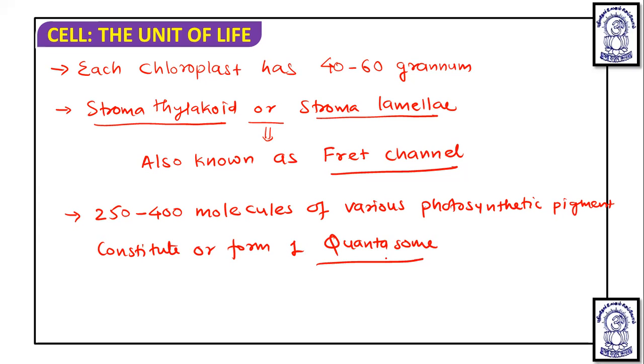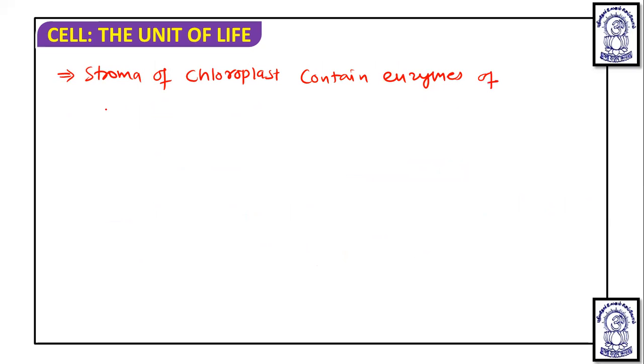Now if we talk about the chloroplast, the chloroplast has some enzymes, and the stroma of the chloroplast contains enzymes of the Calvin cycle, or we can say the dark reaction.